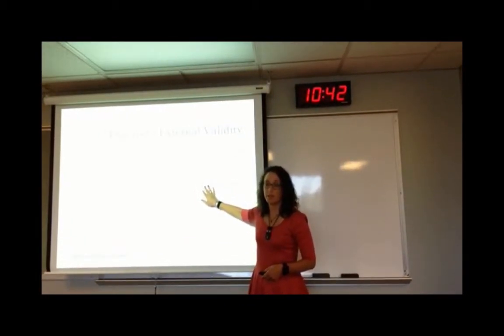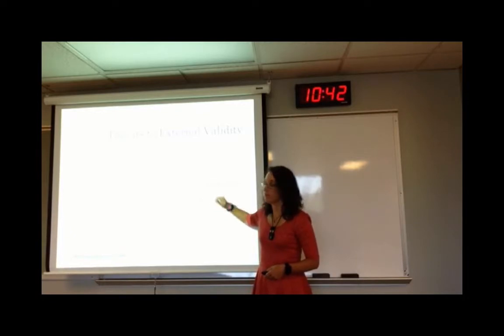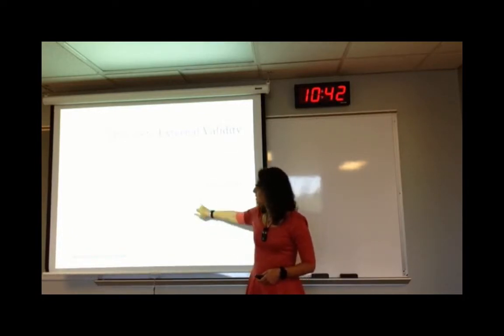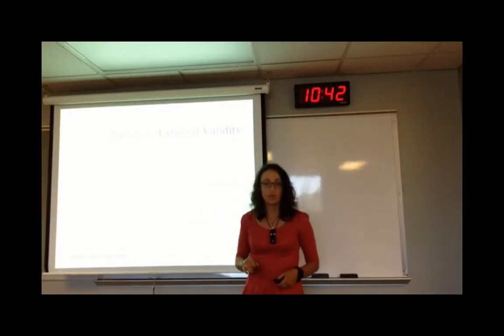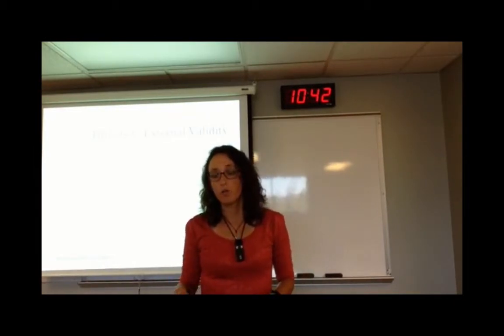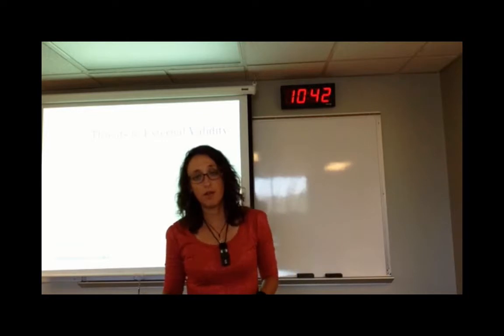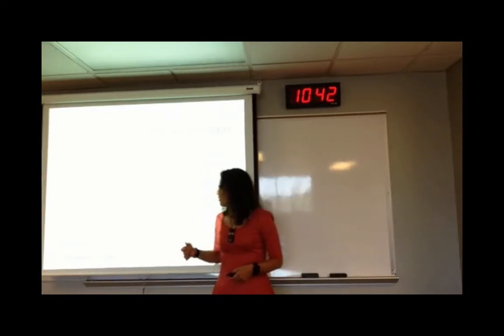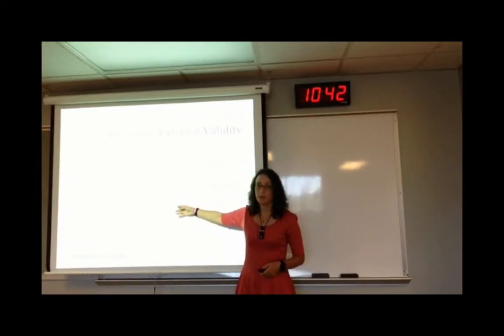It reduces your ability to generalize out because you may not be getting accurate results. And then experimenter effects. Just being in the room with people as a researcher, as an experimenter, will also influence their behavior. You have to keep that in mind. So again, think about some methods we talked about earlier in the semester. How are you going to reduce your effects on people?